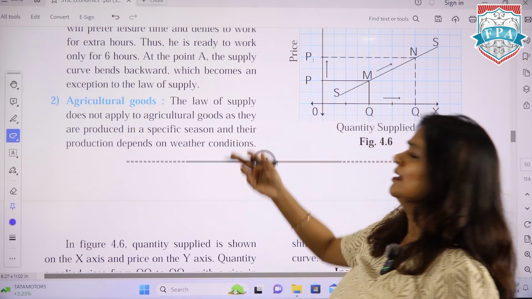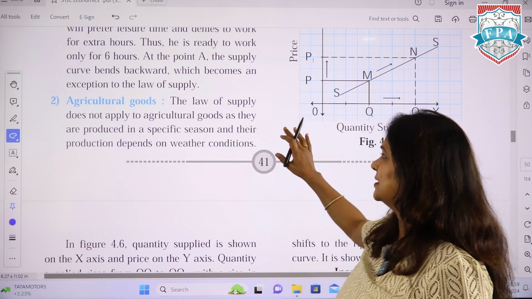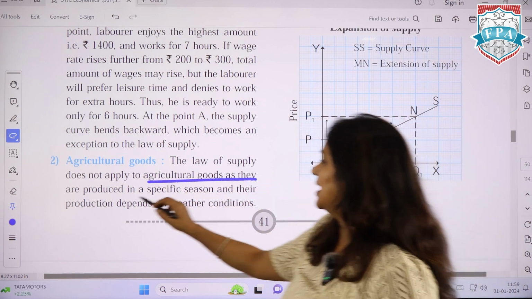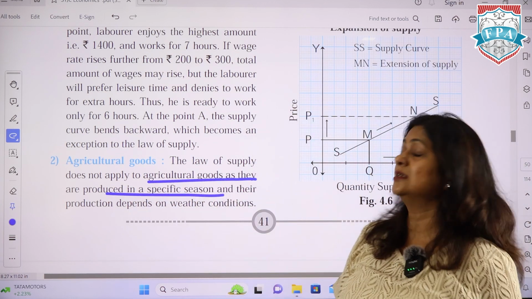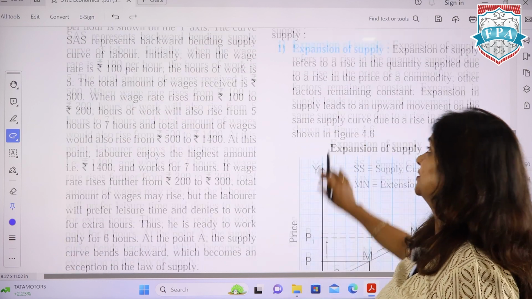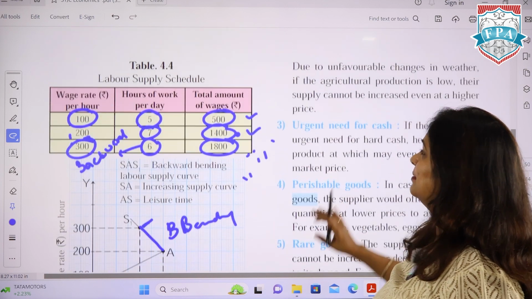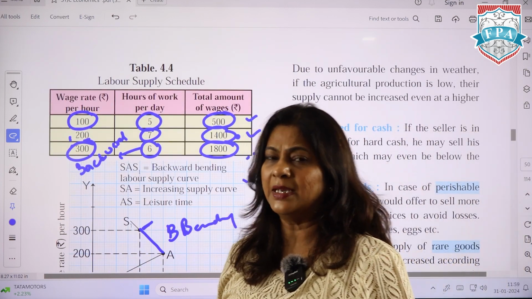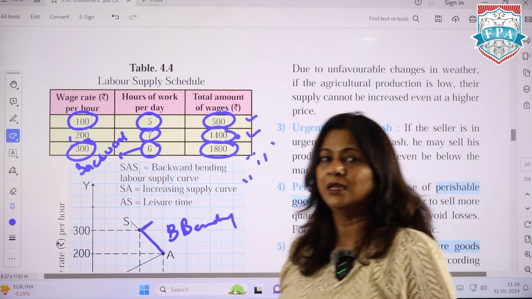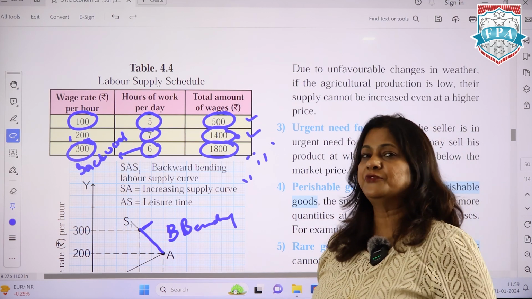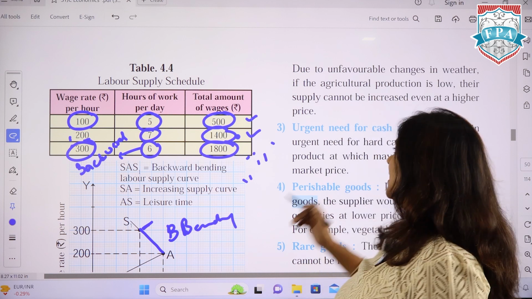Coming up to the next thing, agricultural goods is also an exception because law of supply does not apply to agricultural goods as they are produced in a specific season and it depends upon weather conditions. So it is not always essential कि हम ज़्यादा goods बना पाए. It is very climatic या season based होते हैं. So agricultural products पर law of supply does not apply.